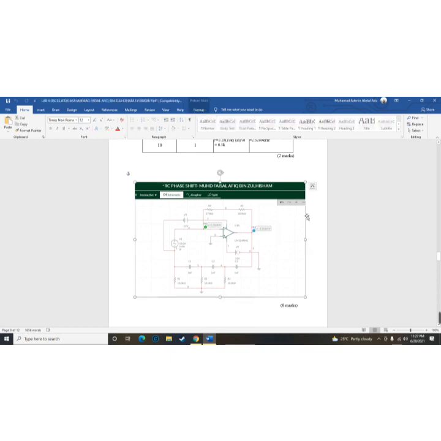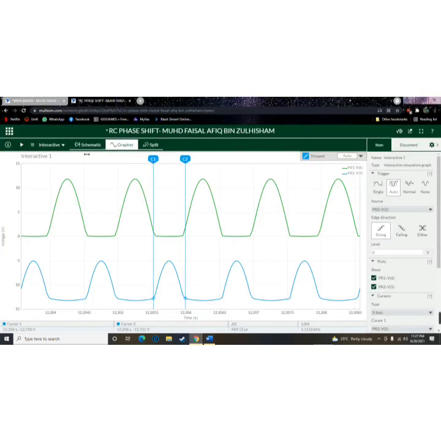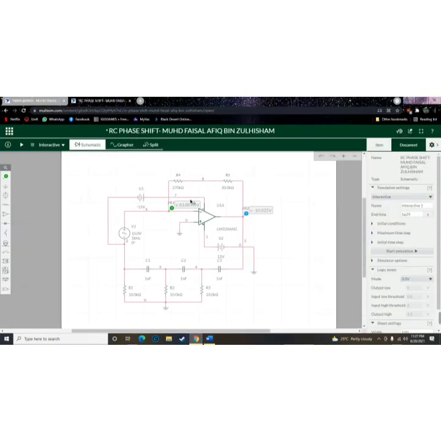You can see this is the circuit that I have created for the RC phase shift. In this schematic circuit, we put the IC and the voltage to measure here and here.